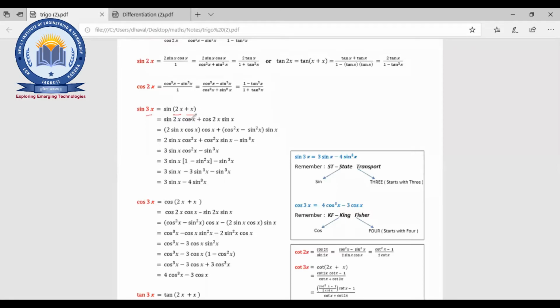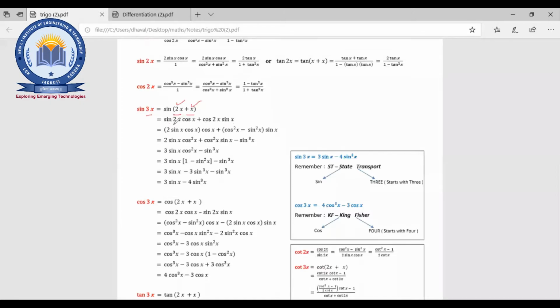But instead of alpha, we'll take 2x and instead of beta, we'll take x. So that can be considered as sine 2x cos x plus cos 2x sin x.